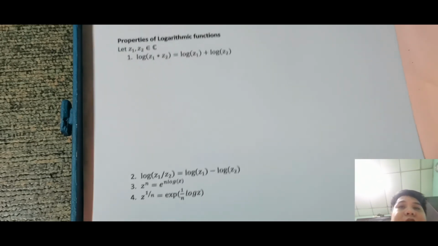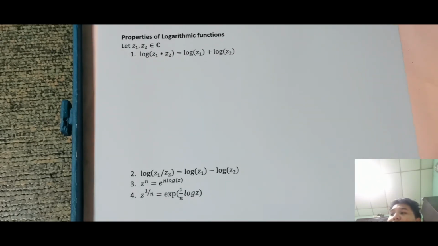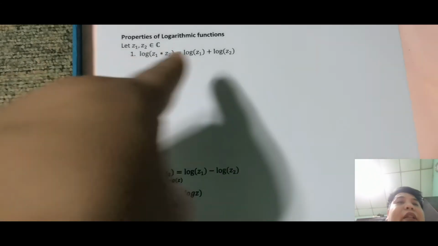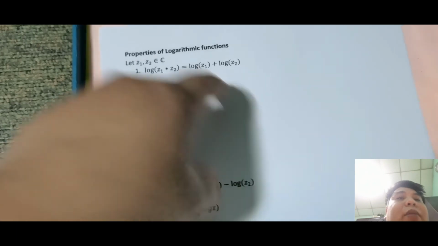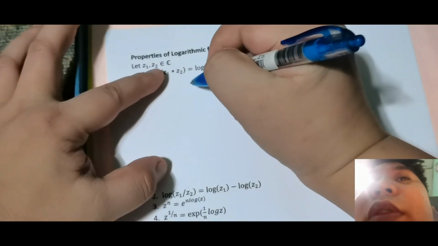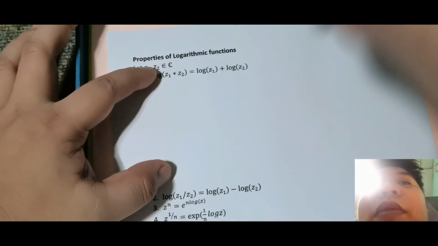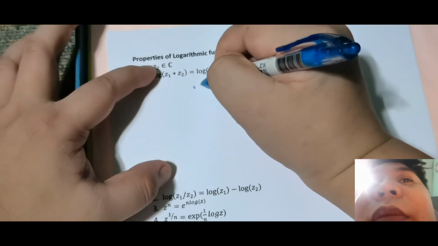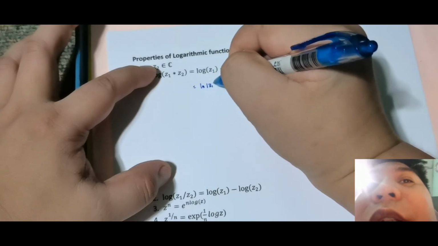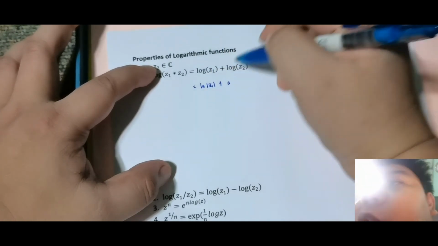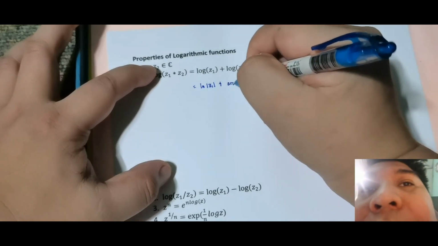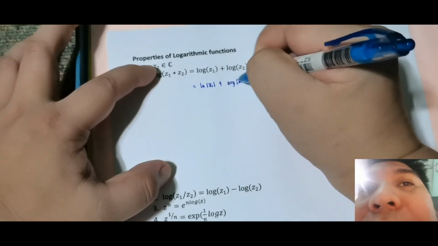Okay, so let's have this number 1. Gagawin ko lang is papakita sa inyo paano nangyari yan. Consider natin, kunin ko yung logarithm of z1 plus logarithm of z2. So note na ito ay equal sa ln of z1 plus arg of z1 times i.